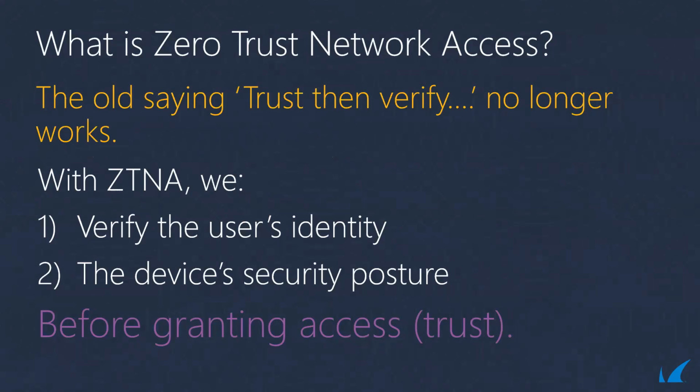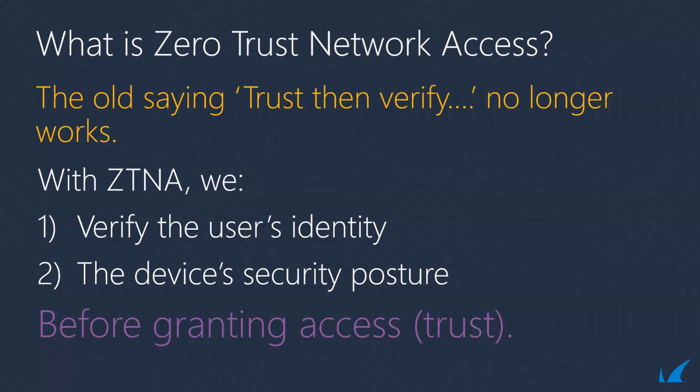So with ZTNA, we're going to make sure that we know who this user is. We're going to make sure that they're authorized to get access to a specific resource, not an entire environment. And we're also going to make sure that the device they're trying to access with is up to our standards of safety and security. So making sure that there's an antivirus that's up to date and loaded on that device, or making sure that the operating system of that device is up to date, or forcing reauthentication over a certain period of time.